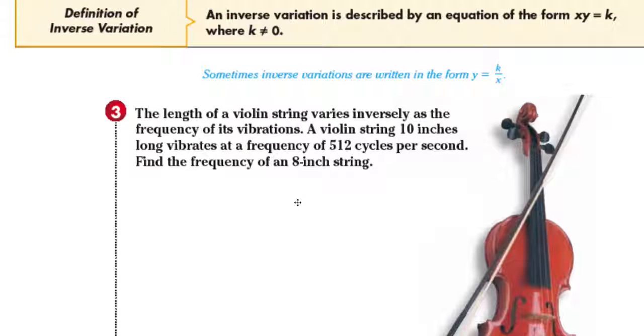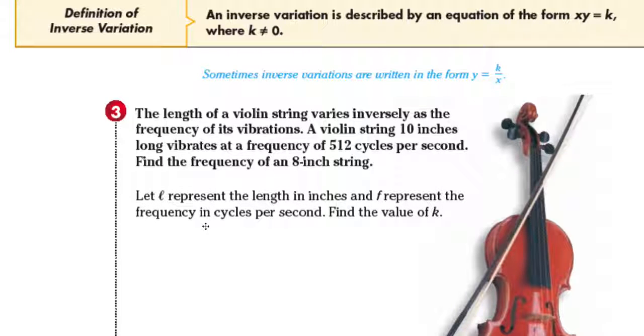A violin string 10 inches long vibrates at a frequency of 512 cycles per second. Find the frequency of an 8-inch string. So just like example number 1, let's create a let statement. Let L represent the length in inches and F represent the frequency in cycles per second. So we want to find the value of k, or the constant of the variation, just like in example number 1.